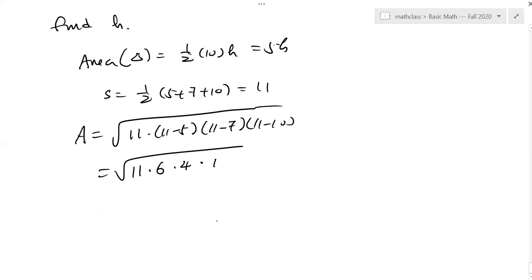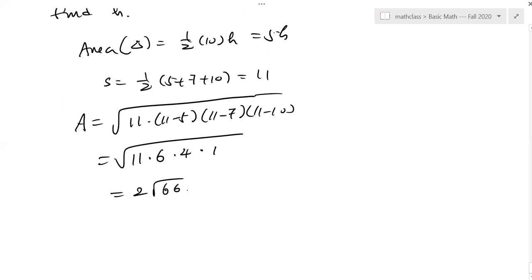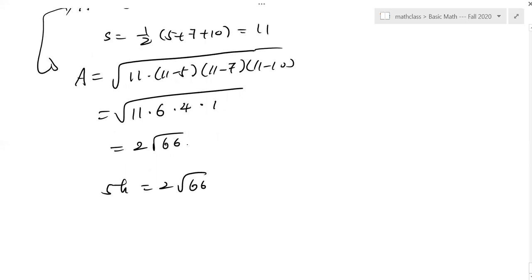The square root of 4 gives me 2. 11 times 6 is 66, so that is the radical number. You cannot simplify it. So now we have the 2 expressions for the area because those 2 are equal. So 5h equals 2 times square root of 66, and h is 2 over 5 square root of 66. Done.